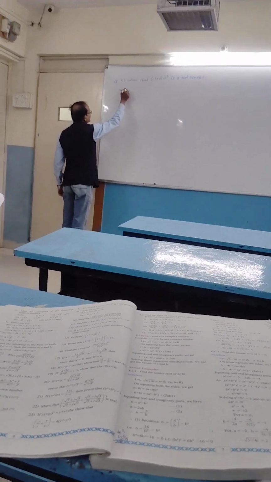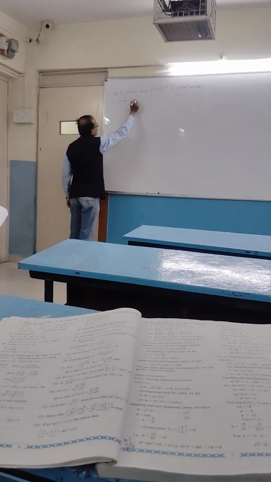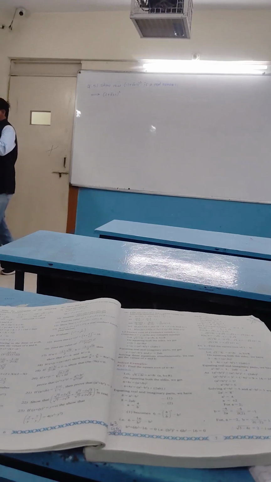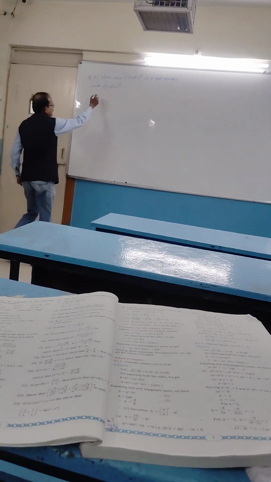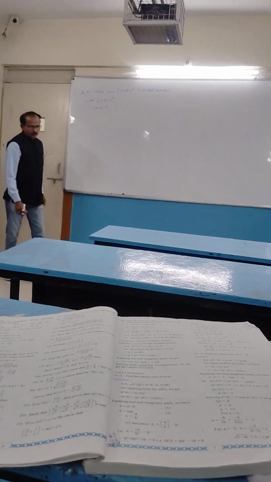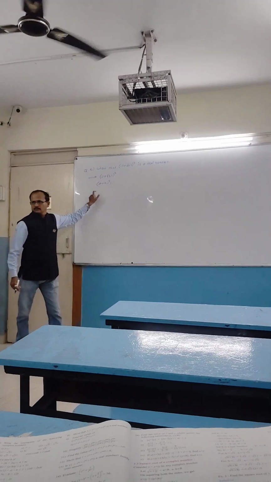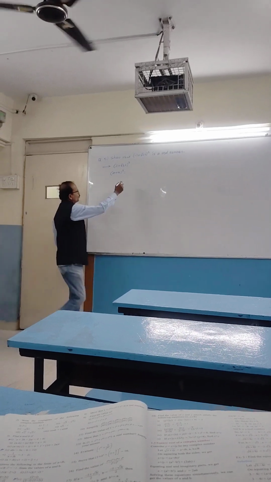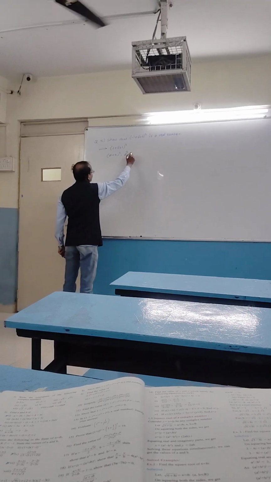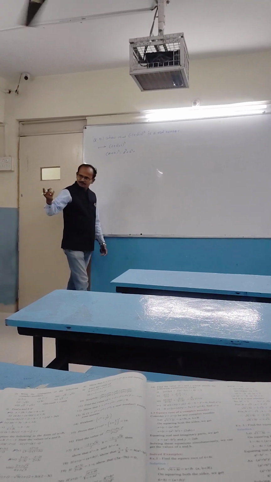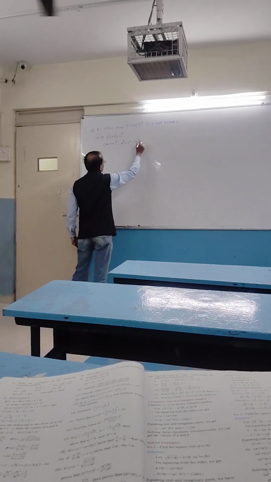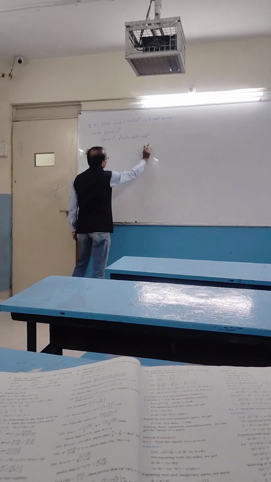Now at first, (−1 + √3 i) to the power 3. You know the expansion of (a + b)³, which is a³ + 3a²b + 3ab² + b³.